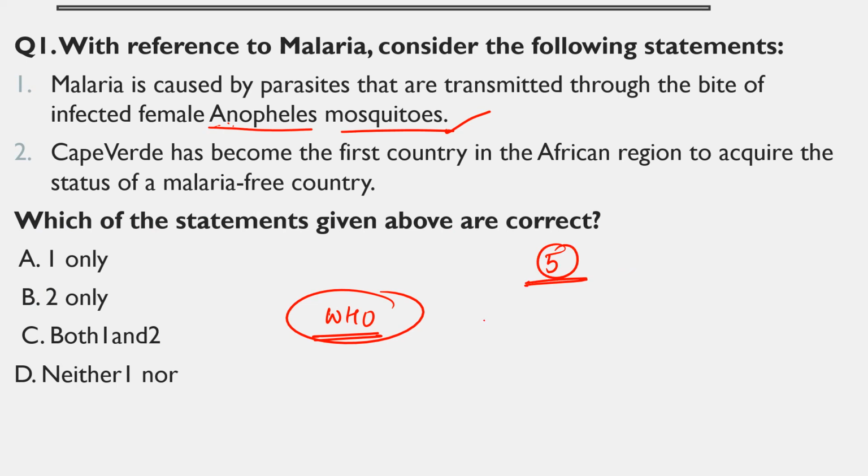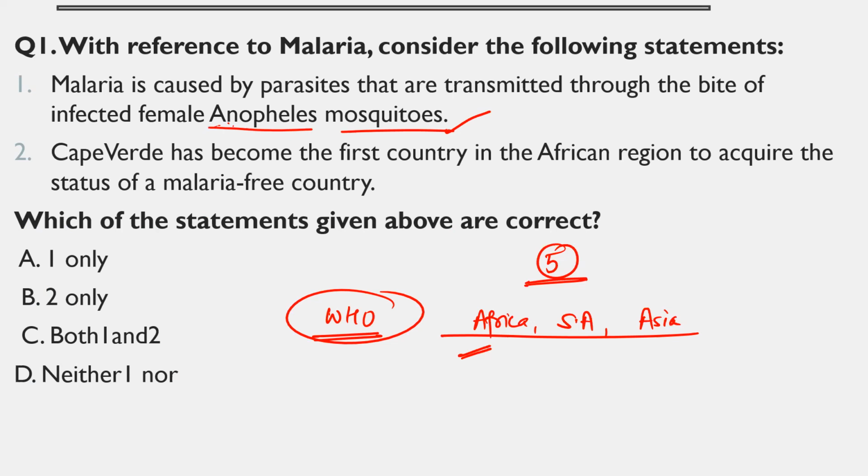It is found in the tropical and subtropical regions of Africa, South America, as well as Asia. Malaria is spread by the bite of the infected female Anopheles mosquito. The symptoms of malaria include fever, flu-like illness, shaking, chills, headache, muscle ache, tiredness, right? But malaria is preventable as well as curable.